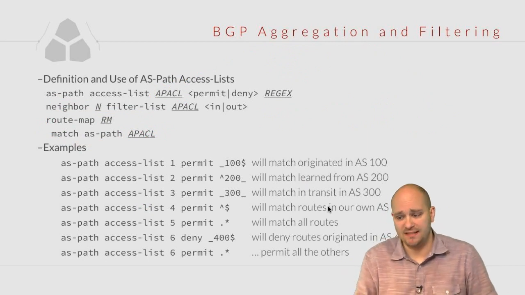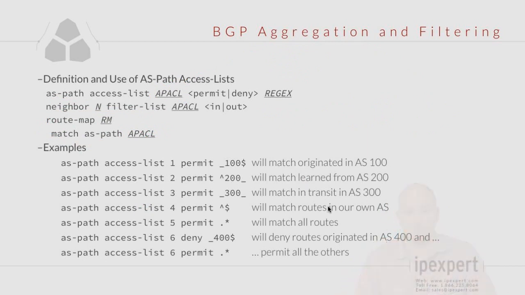So let's take a look at some of the examples. I already mentioned a couple of these, but here they are written in the actual syntax used for AS path filtering. In this first example, AS path access list 1 permit underscore 100 $, which basically will match any prefixes that originated in AS 100.